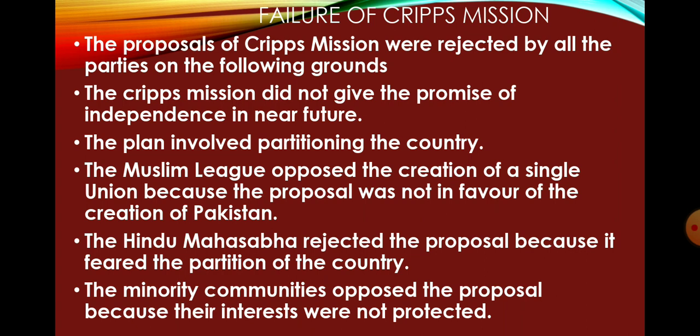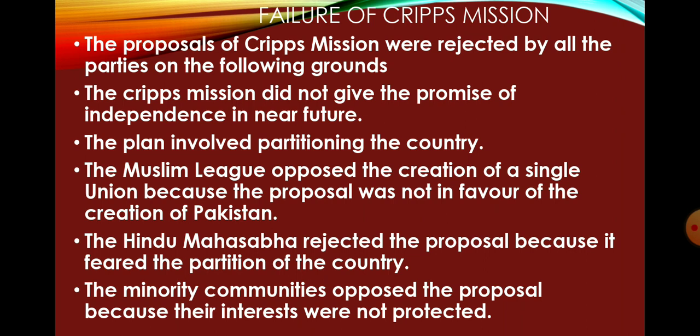The third one: the Muslim League opposed the creation of a single union because the proposal was not in favor of the creation of Pakistan. In 1940, the Muslim League demanded the creation of a separate state for the Muslims, that was Pakistan.